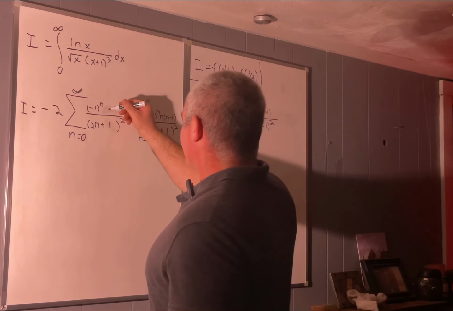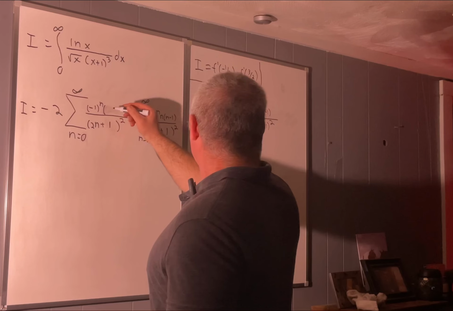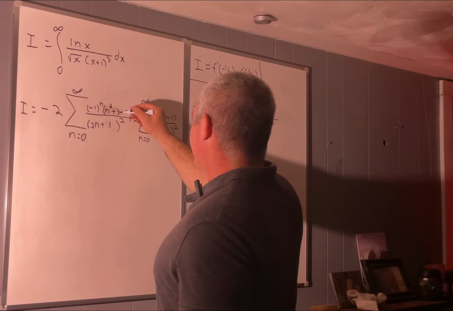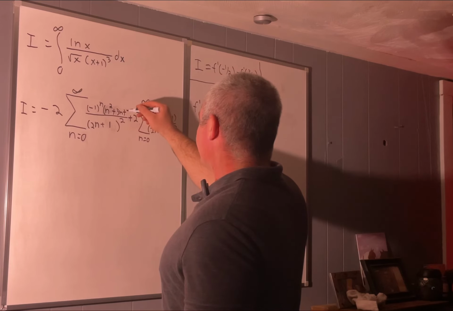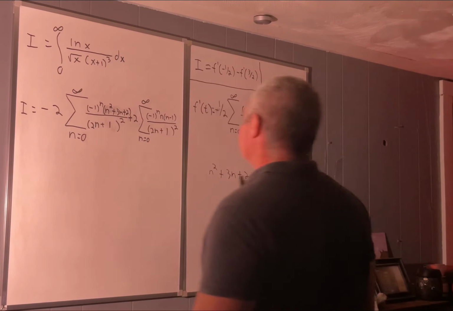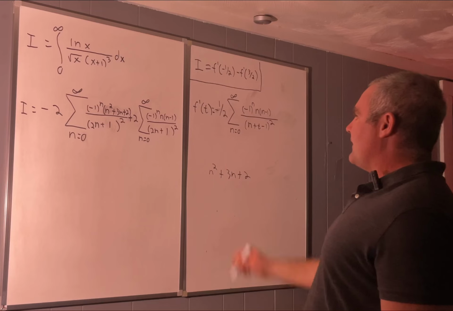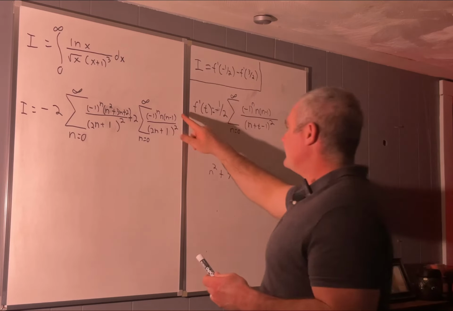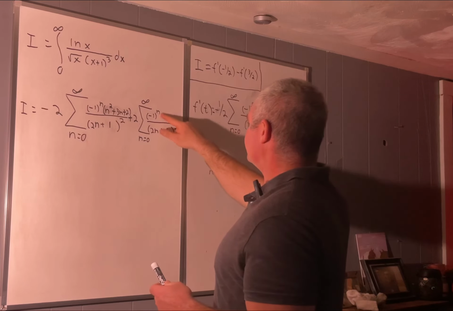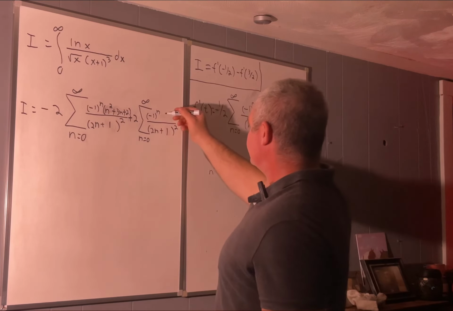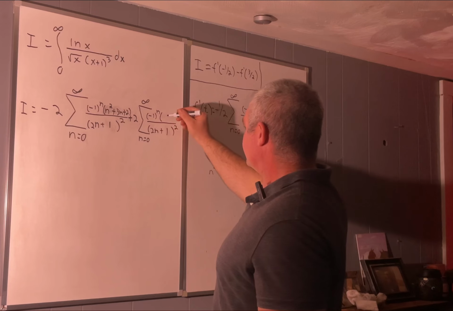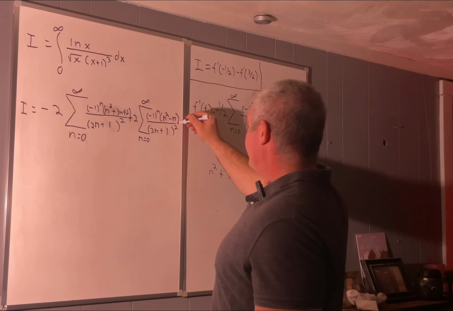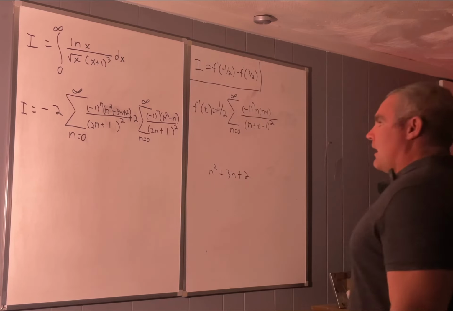So this is going to be n squared plus 3n plus 2, and this would become n squared minus n.